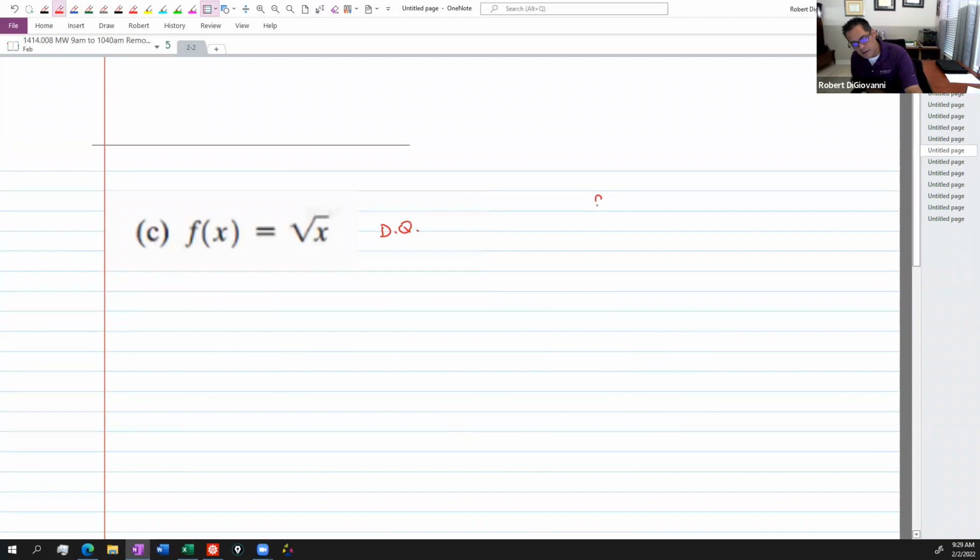So the formula is f of x plus h minus f of x, the whole thing divided by h. Okay, so I'm going to do my little scratch work over here. I'm going to first figure out what's f of x plus h.